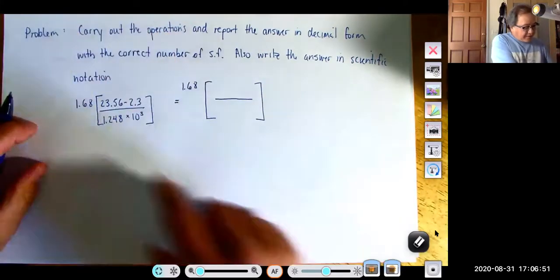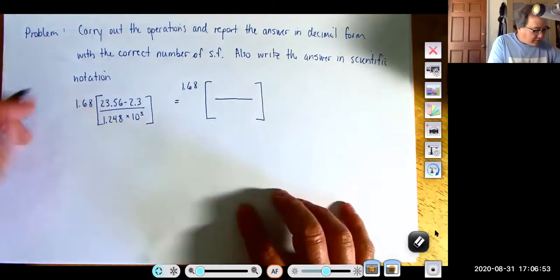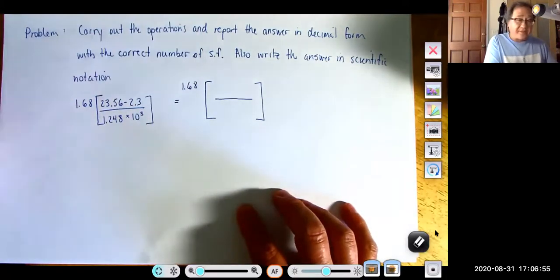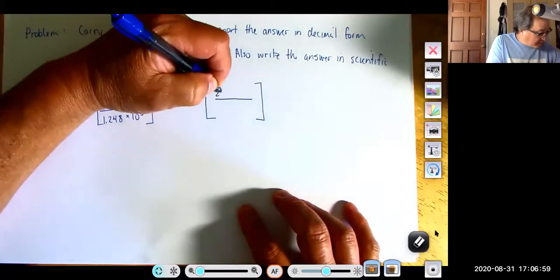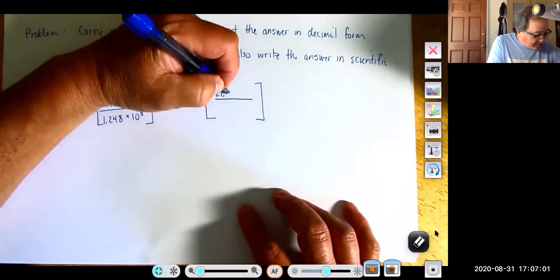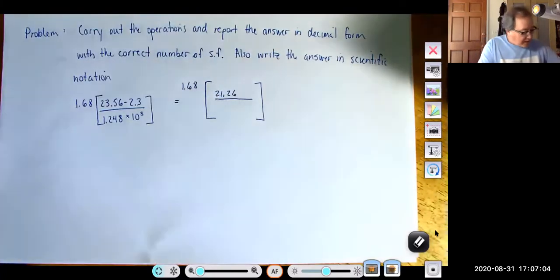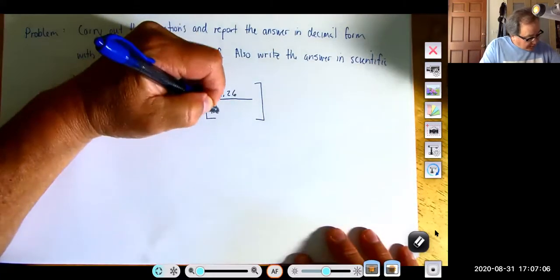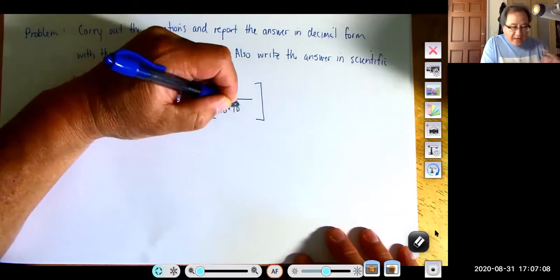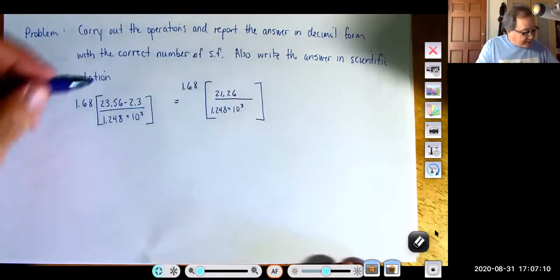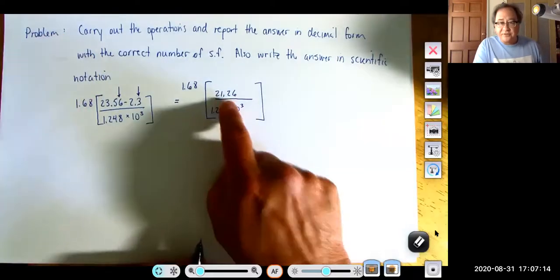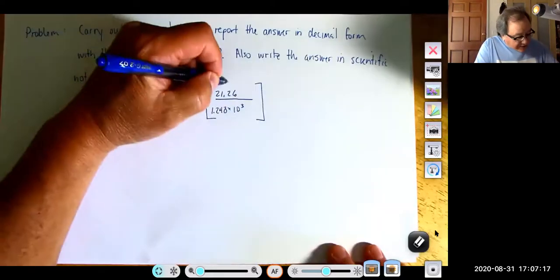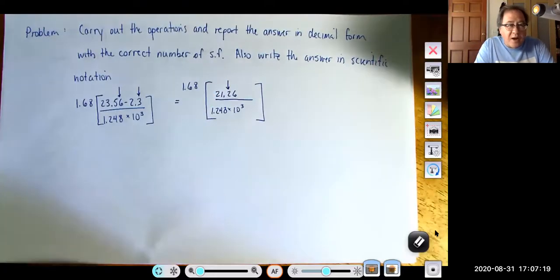So 23.56 minus 2.3 is going to be 21.26. And then we have 1.248 times 10 to the third. However, this is good to the 10th. This is good to the 100th. So what is this good to? It's good to the 10th. Now, am I supposed to round that to 21.3 right now?